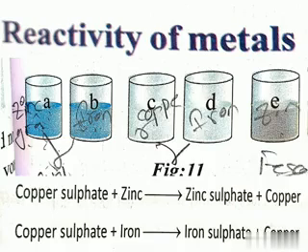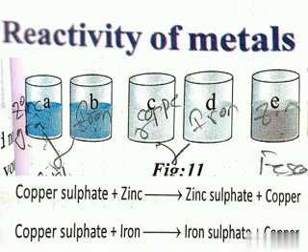In beaker D we took FeSO4, the iron sulfate solution, so the iron present in it is displaced by copper, because we added copper. Like that, in beaker E we took zinc sulfate and added iron nails, so the zinc present in the zinc sulfate solution is displaced by iron.